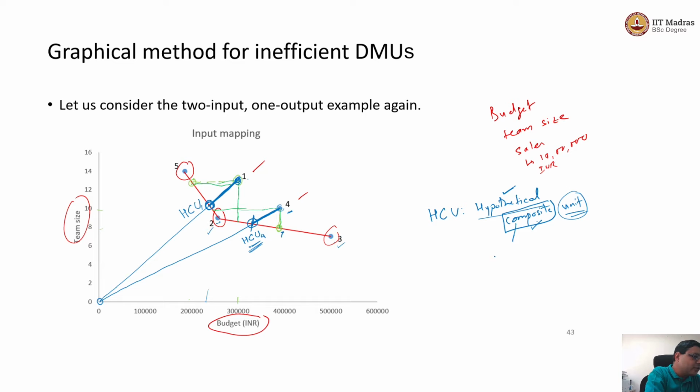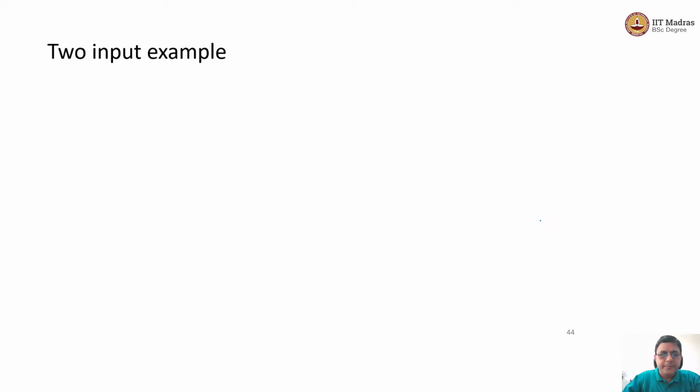So this HCU is composed of some elements of 2 and some elements of 3. Okay, that is why this is called a composite unit. How is that? We will reveal that in a couple of minutes. I hope so far we are doing all right.